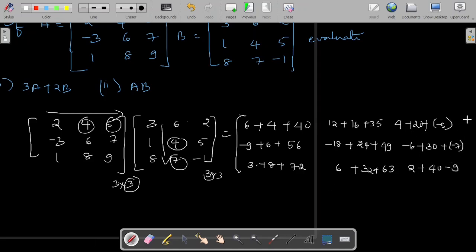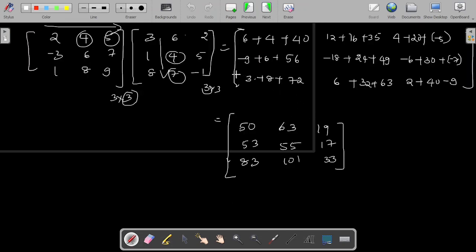Simplify all these. So after adding up all these together, finally get the result A into B: 46 plus 4. Then this is 12 plus 16, 26, 35, which gives 63, and so on. This is how we find the product of two matrices.